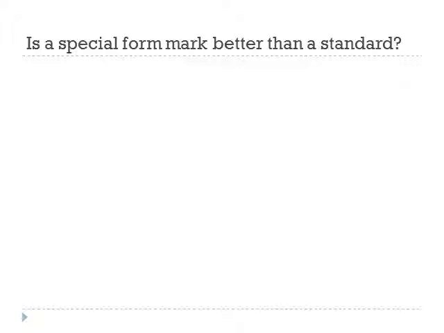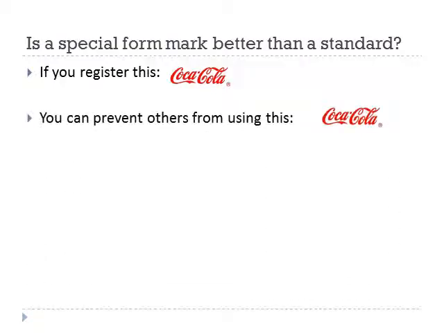Well, how do you decide what to do? Let me give you some food for thought, or some drink for thought, actually. Let's say you register the Coca-Cola logo, and assume that Coca-Cola didn't already do it. You could prevent other people from using that.